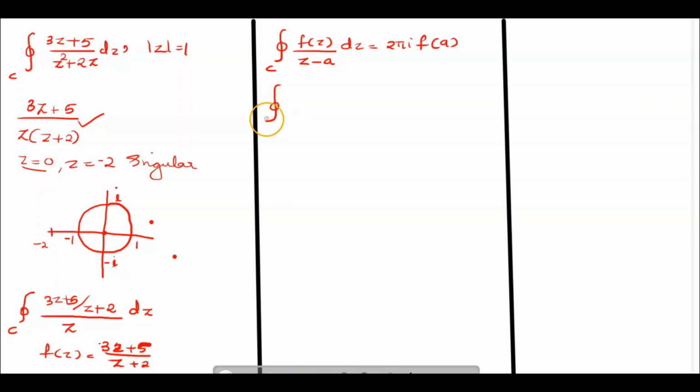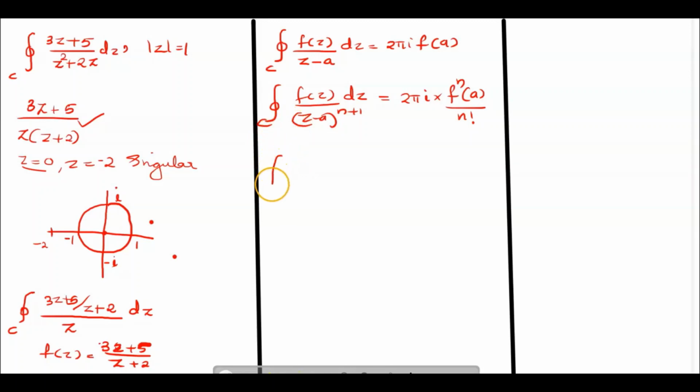And in general, integral over C of f of z divided by (z minus a) all raised to n plus 1, if there is a power for z minus a, where n is a positive integer, is equal to 2 pi i into f^n of a by n factorial, where f^n is the nth derivative of f of z at the point a. A is inside the closed curve C.